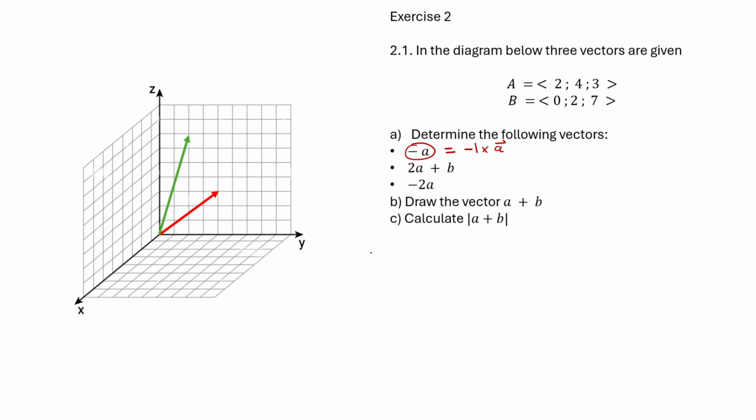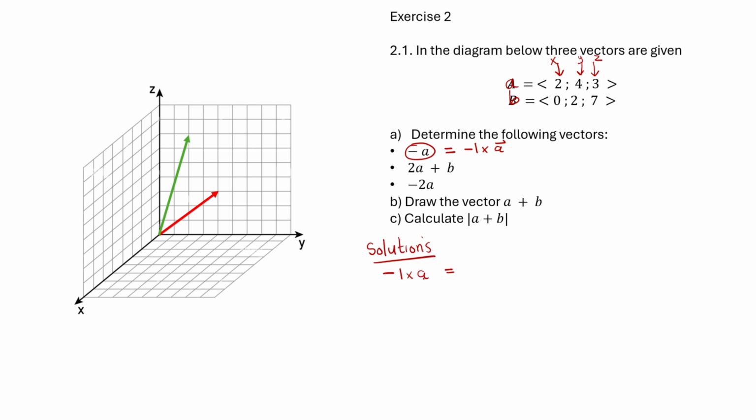So to solve for negative 1 times A, you basically have to multiply each and every component of A by negative 1. The components of A in this case are given by 2, 4, 3. This is the x component, this is the y component, this is the z component.